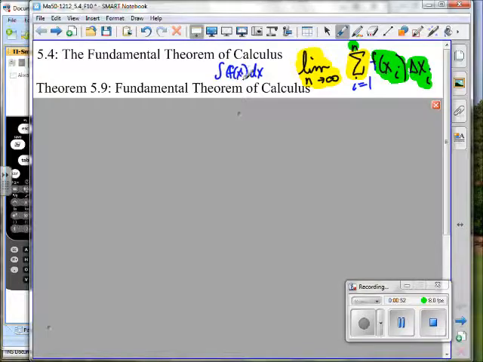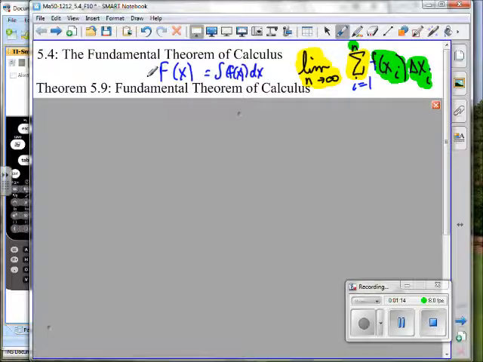But when we solved those problems, we ended up with what? Yeah, and we called that a what? If this is the derivative, we end up with the function which we call the antiderivative.